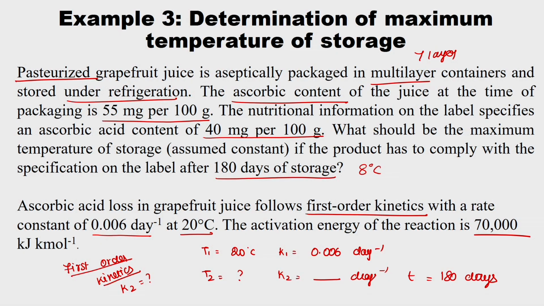Okay. So, if I know how to calculate the activation energy, then from this and first order kinetics, I will be able to tell at what temperature it has to be stored to keep the nutrient value at that particular specified value, right.